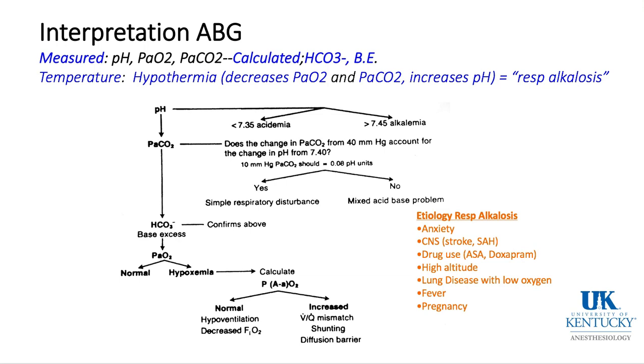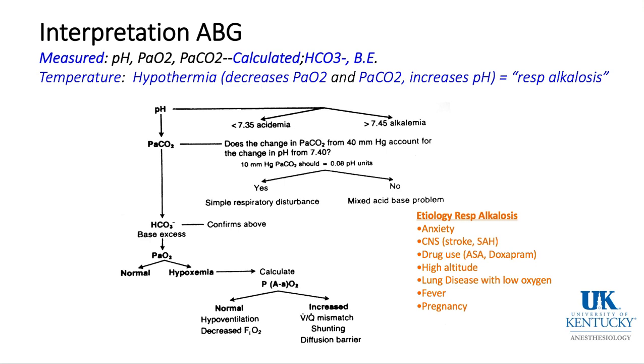If it does change that much, for example CO2 rises, it would be a respiratory acidosis, and that would be a simple respiratory disturbance. If this 10 millimeter PaCO2 change and 0.08 pH unit change isn't true, we say that's a mixed acid-base problem, and we begin to look at other things like bicarbonate and do other calculations to determine what is going on.